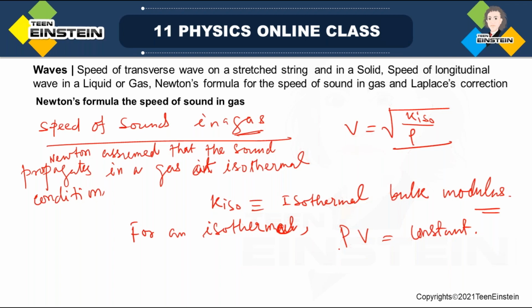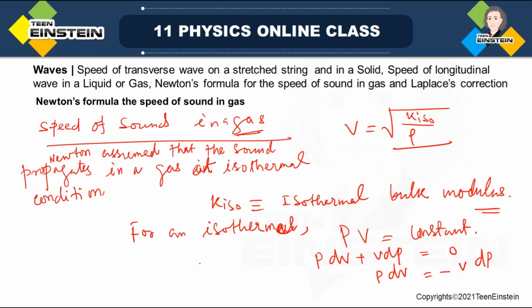So we can write P dV plus V dP is equal to 0, or P dV is equal to minus V dP.